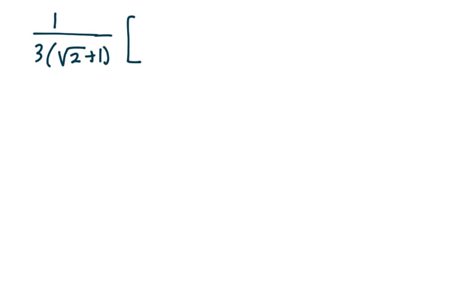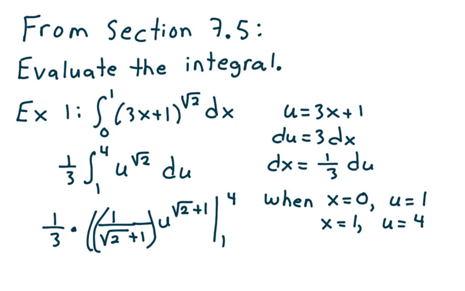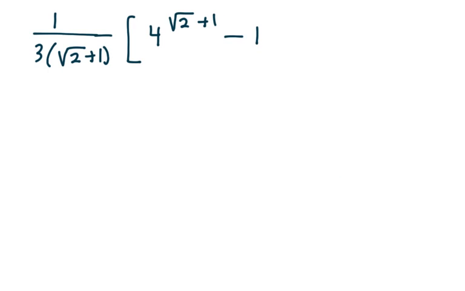When I replace u with 4, I get 4 to the square root of 2 plus 1. And when I replace u with 1, I get 1, because remember, 1 to any power is 1.